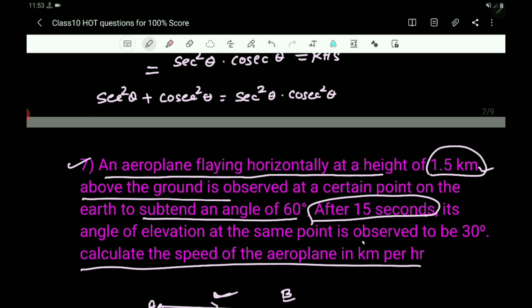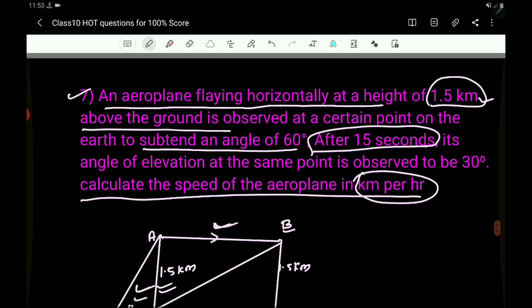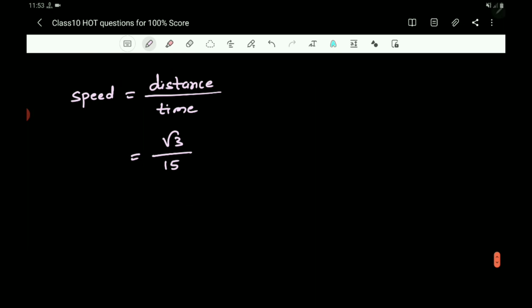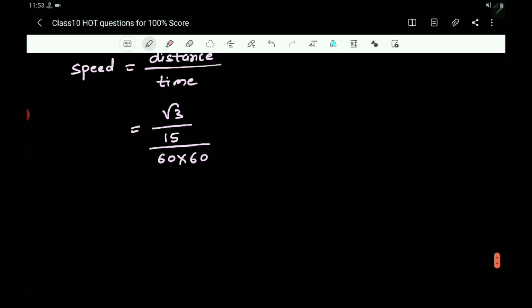But it is said that we have to find the speed of the aeroplane in kilometer per hour. So to convert the seconds into hours, it must be divided by 60 into 60. Then it becomes root 3 into 60 into 60 divided by 15.